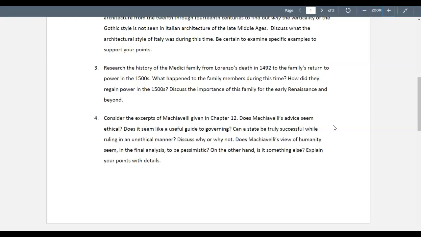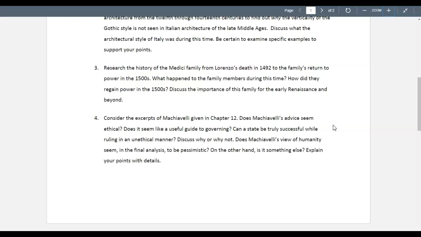Is his view maybe practical, realistic? And so you get a chance to discuss the Machiavellian attitude and way of governing, his advice to a prince. And I ask you to take those points and make a sound argument about Machiavelli's views.